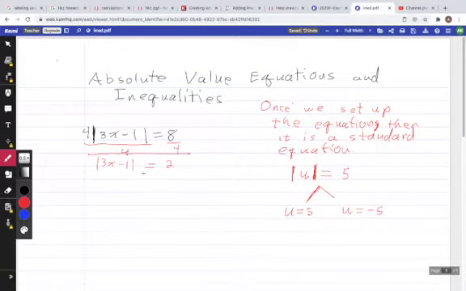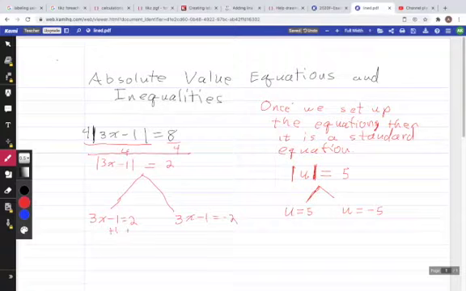And now we have our absolute value by itself. So what we end up with is 3x minus 1 equals 2, and we have 3x minus 1 equals negative 2. And then we solve these two problems separately.